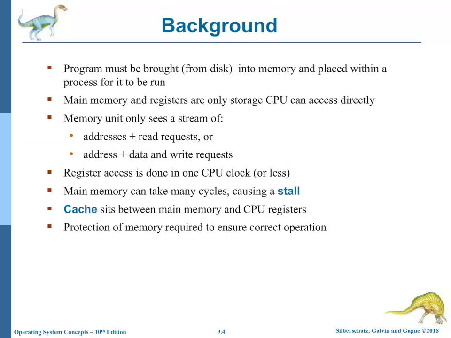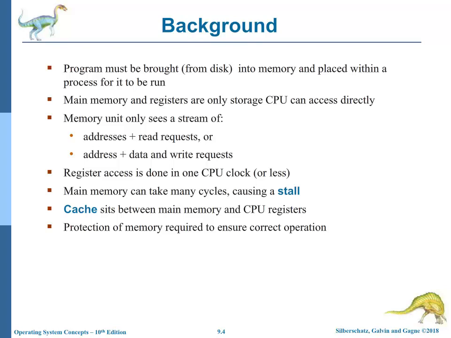A program must be brought from disk into memory and placed within a process for it to be run. Main memory and the registers are the only storage the CPU can access directly. If the data are not in memory, they must be moved from disk before the CPU can operate on them.